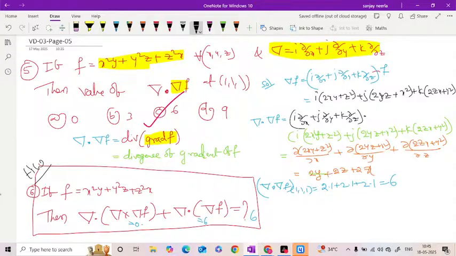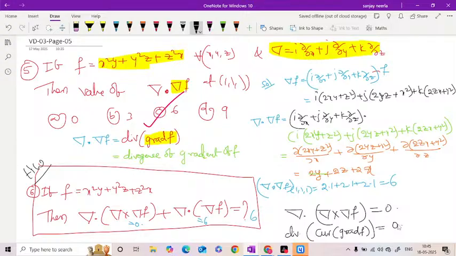Okay. So in this one we will write a formula. The formula is del dot del cross del f is always 0. That means the divergence of the curl of the gradient of f is always 0.